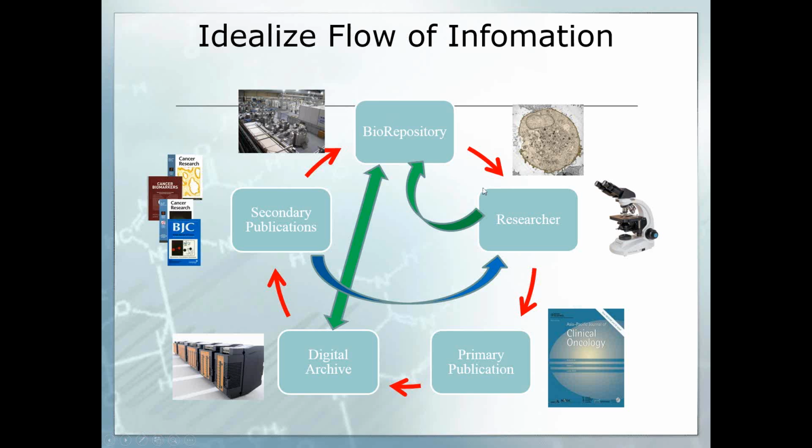The researcher has an incentive to inform the biorepository of how their data is used, which in turn helps inform the digital archive of use. And then as secondary publications come out, the researcher finds out that their study is being utilized for new and original research, which again they can inform the biorepository.